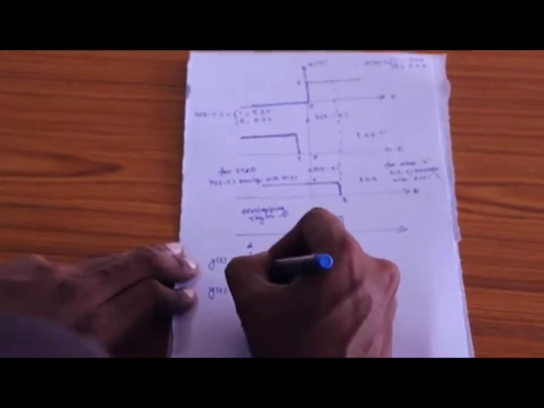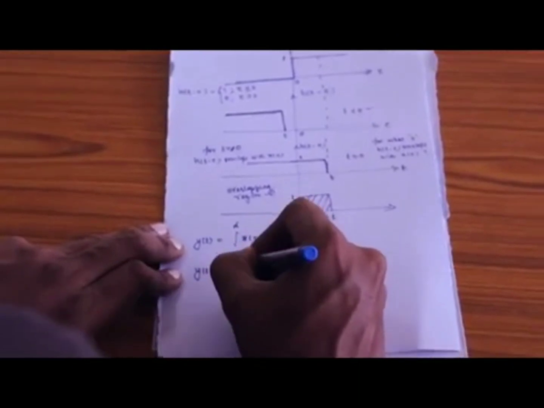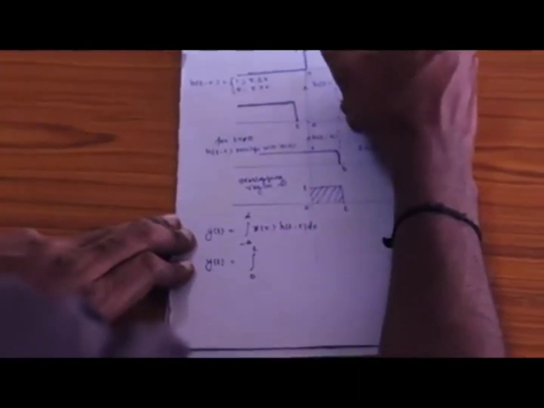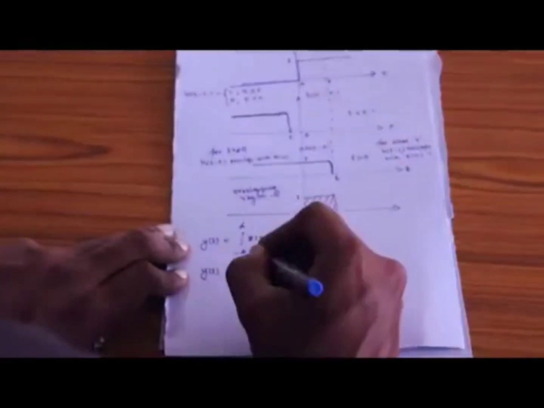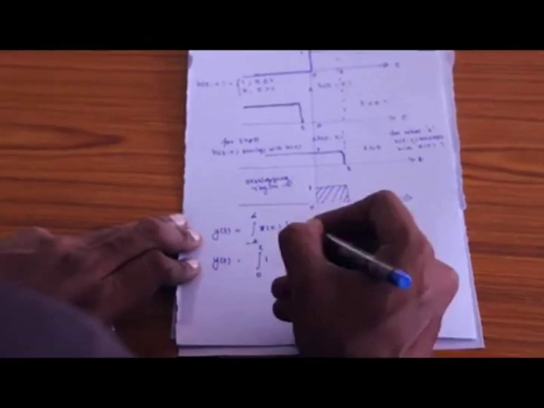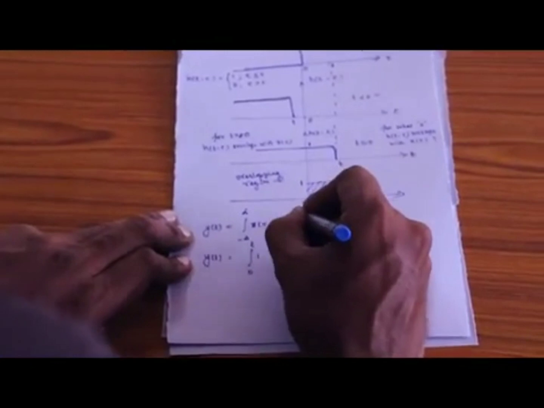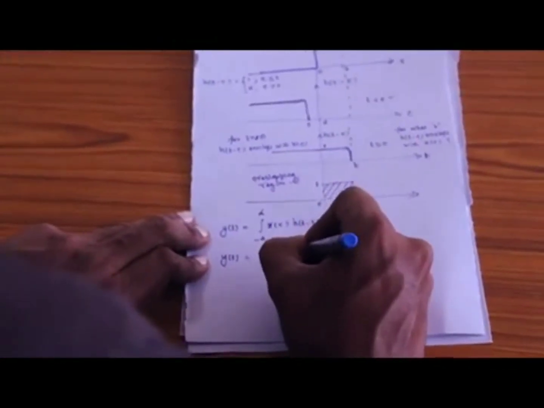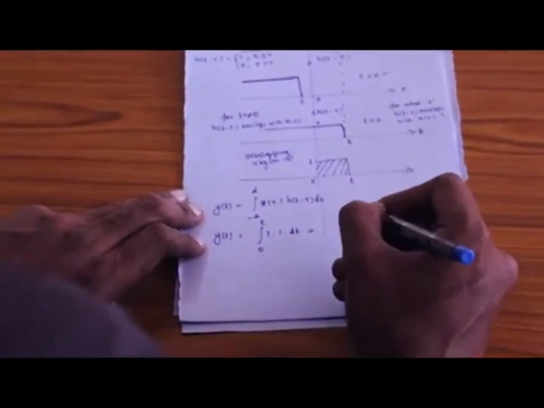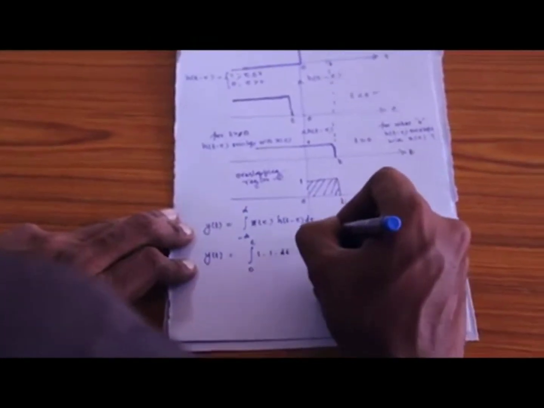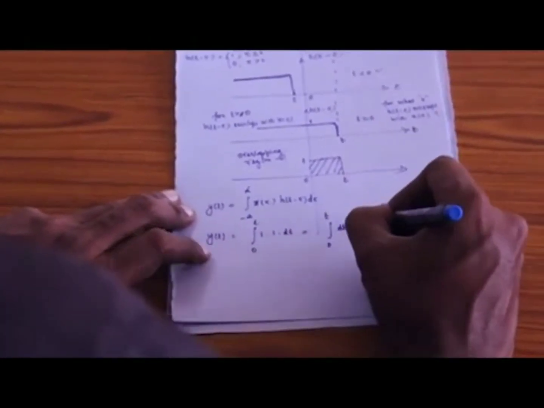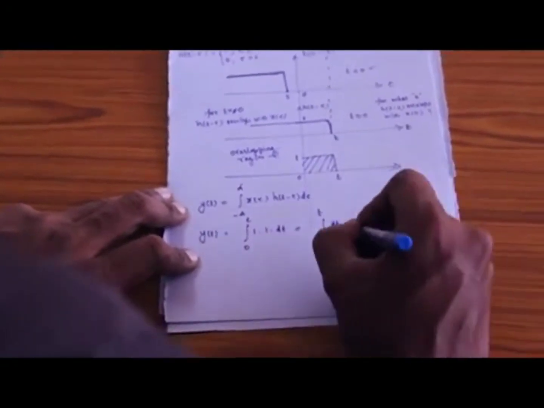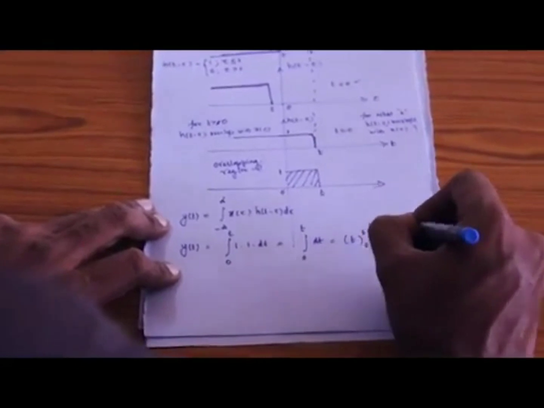Within this region the value of x of tau is 1, and the value of h of t minus tau is also 1. So 1 into 1 d tau. Integrating 0 to t, with upper limit t and lower limit 0, the answer is t.